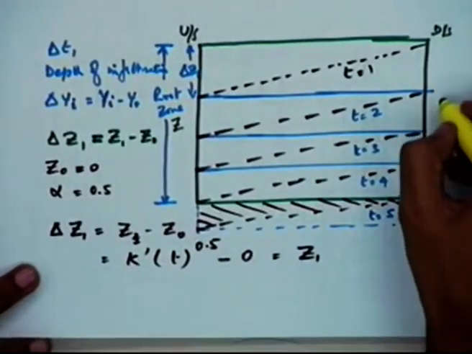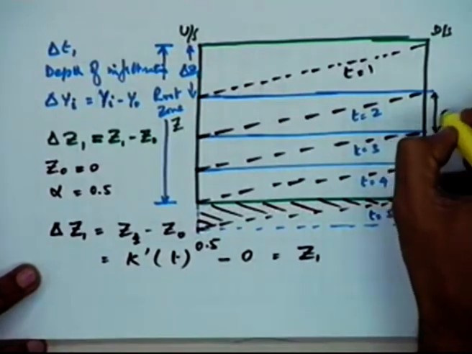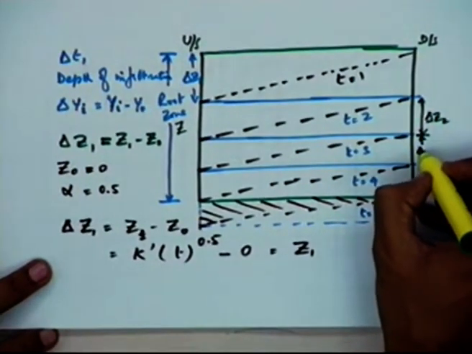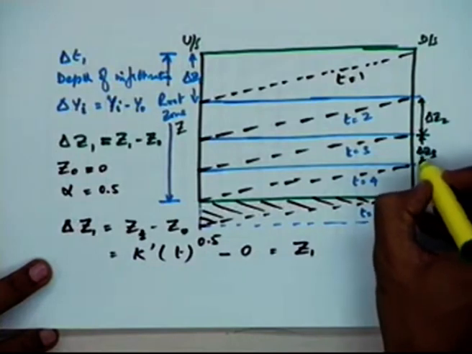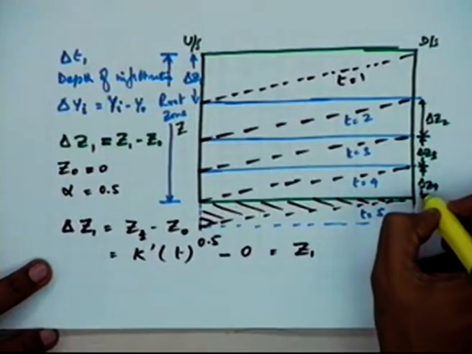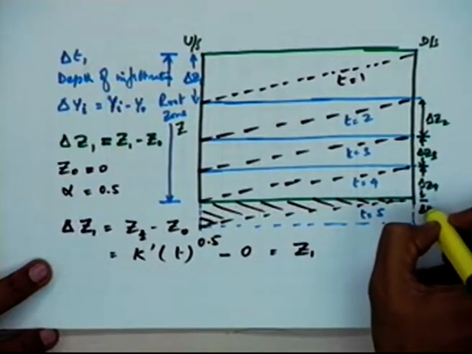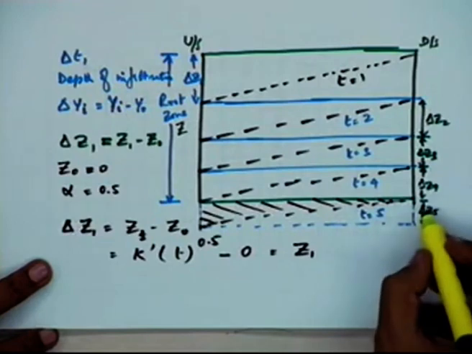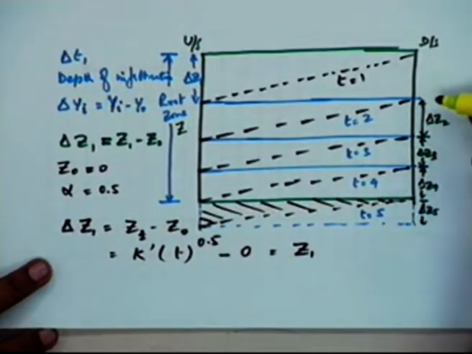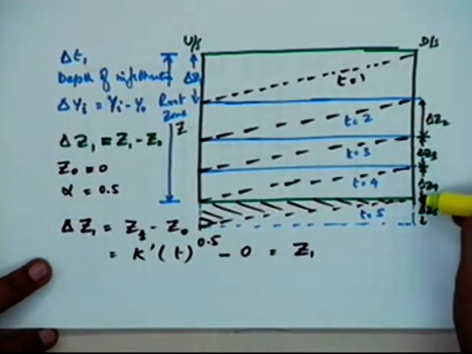Let me say that this is delta Z2, the next one is delta Z3, this is delta Z4 and delta Z5. Okay, these are the individual values, but for each one this is the Z1 up to this, the next one is Z2, Z3, Z4 and Z5.